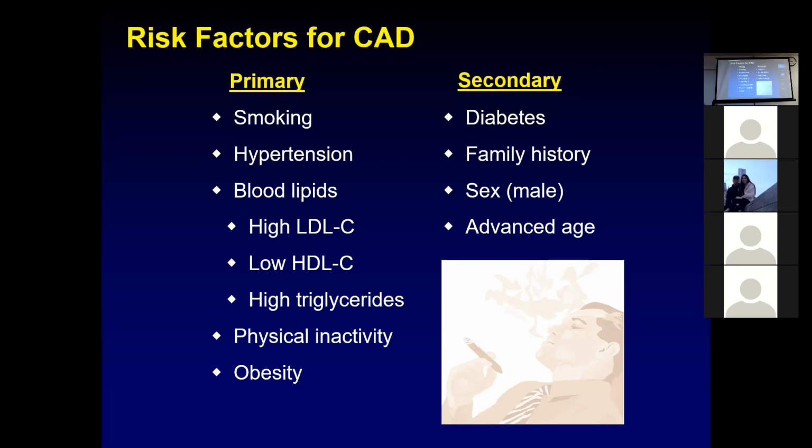If we look at risk factors for coronary artery disease, primary are smoking, hypertension, blood lipids, so high LDL cholesterol, low HDL, high triglycerides, physical inactivity, and obesity. Secondary are having diabetes, having a family history of coronary artery disease, being male, and advanced age.